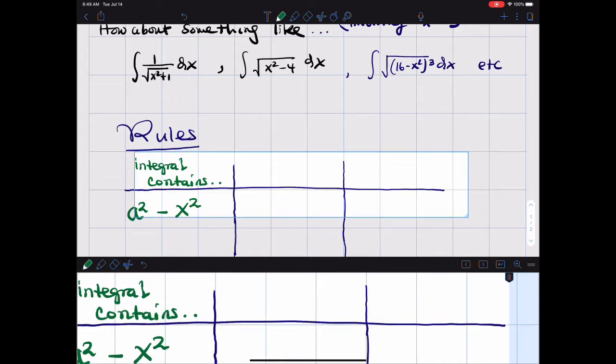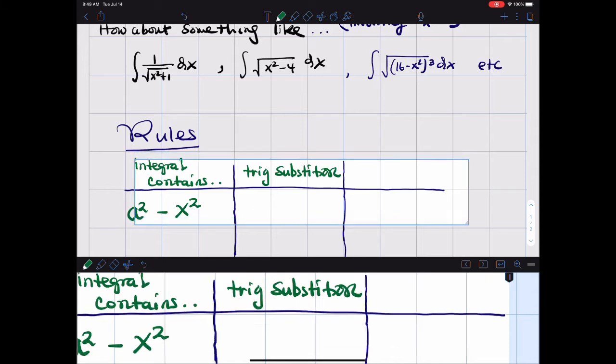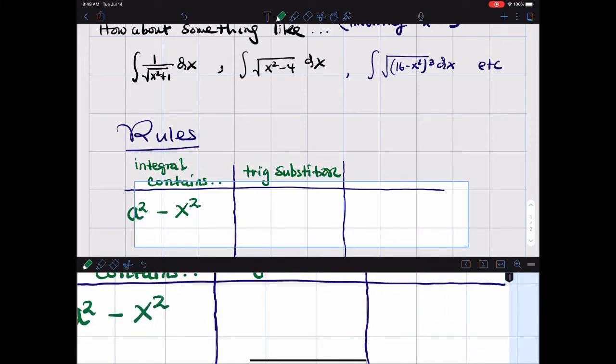I won't explain what trig substitution is. When we do an example, you'll see what it is. So the kind of trig substitution I'll use will be x is equal to a sine theta.